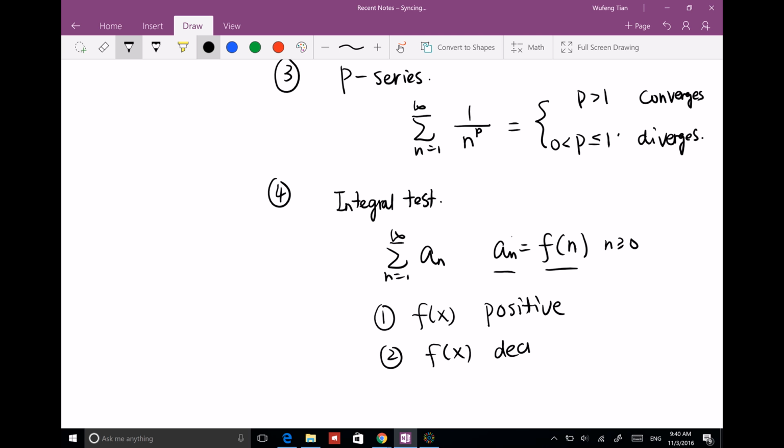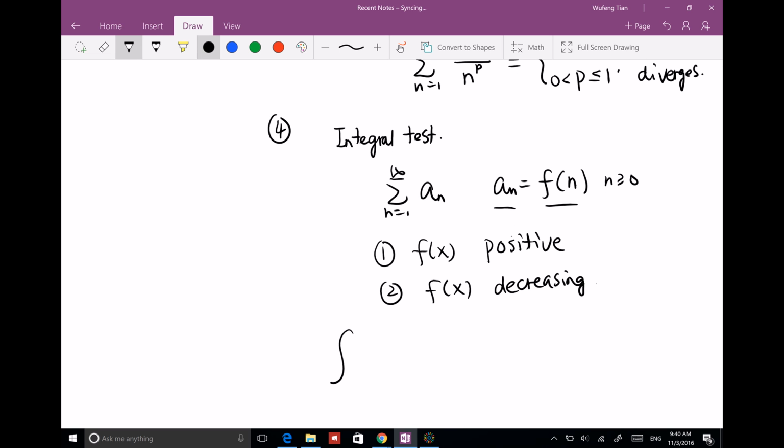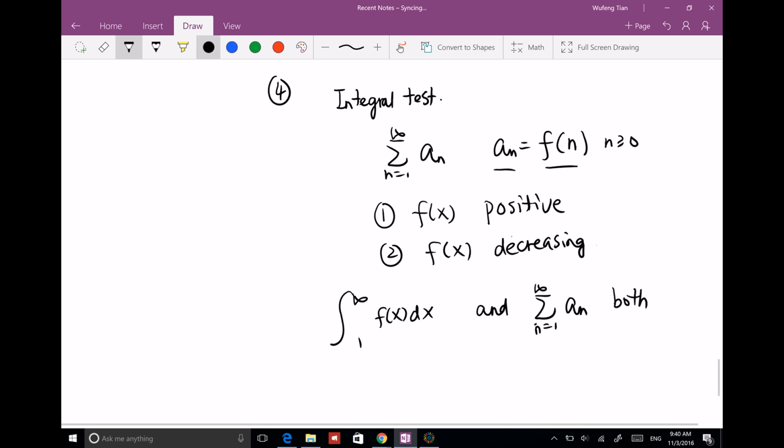Really good. Positive and decreasing. So how do I set up the integral here? The boundaries. From where to where? In this case, it would be 1 to infinity. Very good. And the integral from 1 to infinity and the sum of a_n both diverge or both converge. Very good.